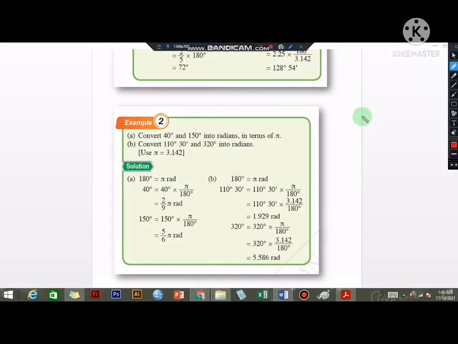Okay, let's recall back. In order for you to convert, we know that 180 degree is equal to pi radian.